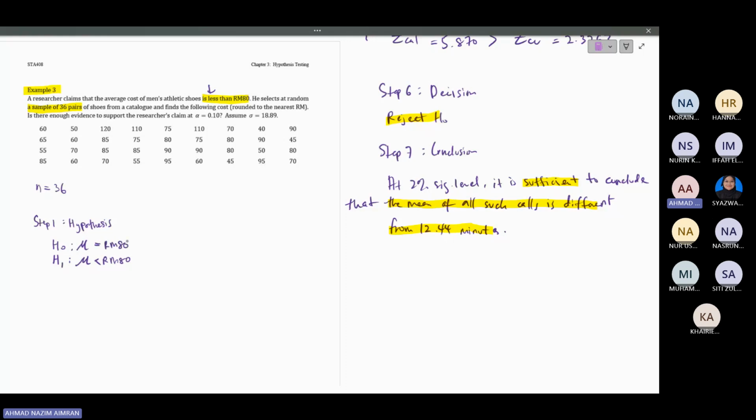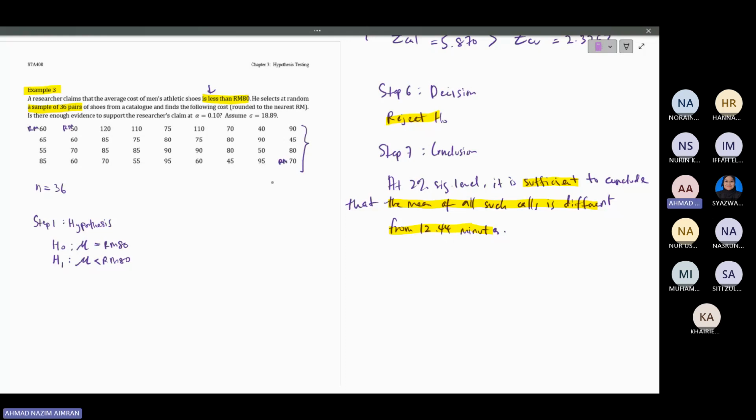Okay. And he selects at random a sample of 36 pairs of shoes from a catalog and finds the following cost rounded to the nearest RM. So these are the cost of the shoes. The first pair of shoes is RM60, second pair is RM50, and the last pair, the 36th pair, is RM70.